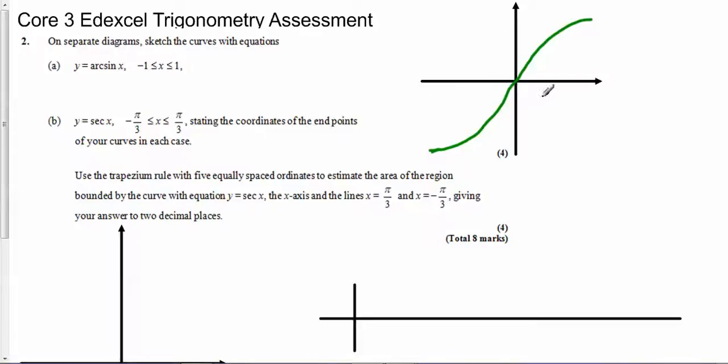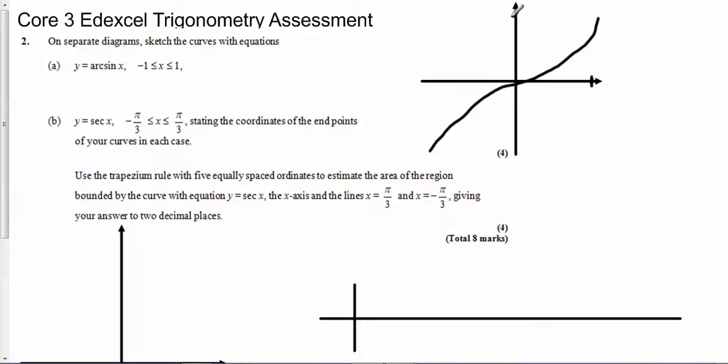If we're reflecting this in the line y equals x, then the graph we're going to end up with is going to look like that. That shape should be sufficient, and I just get rid of our sin x. That's what we're looking for. And because it's an inverse function as well, it means that the axes will switch around, the x and the y.